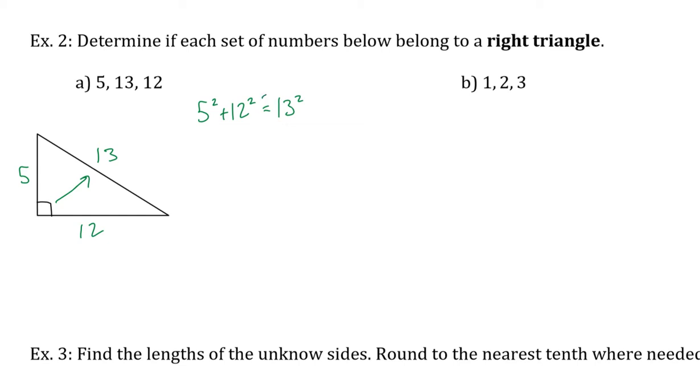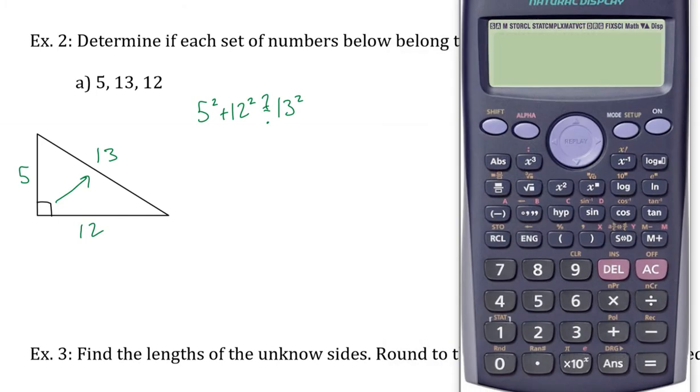So what we're doing is we're asking if that's true. Okay? And again, I'm just going to check it on my calculator. 13 squared is 169. 5 squared plus 12 squared is also 169.